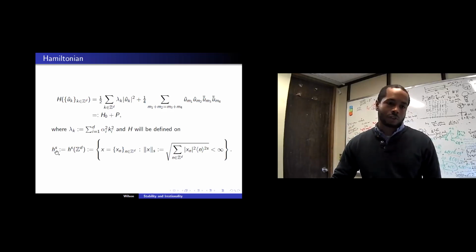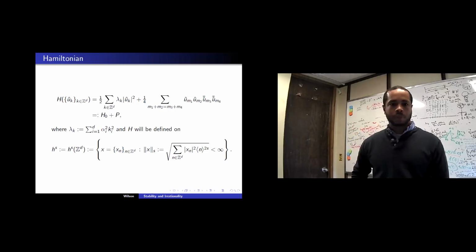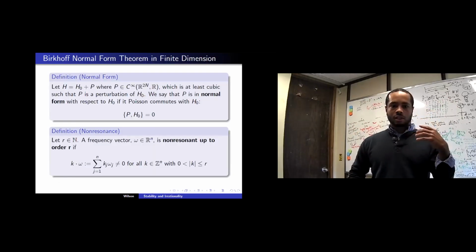Okay, and then I have a little h^s, and this corresponds to sequences. But this little h^s corresponds to the class of Fourier coefficients or Fourier sequences of functions in big H^s.